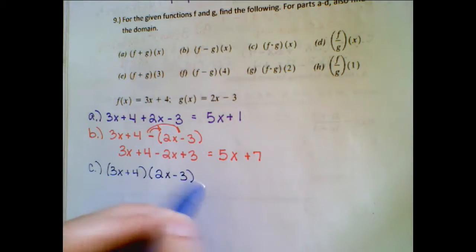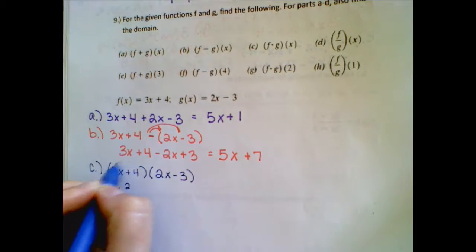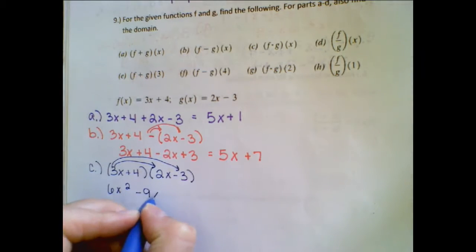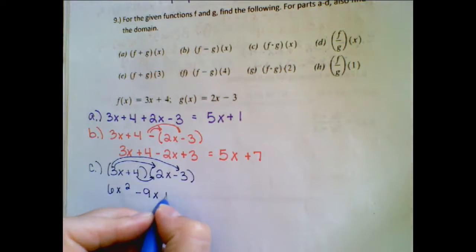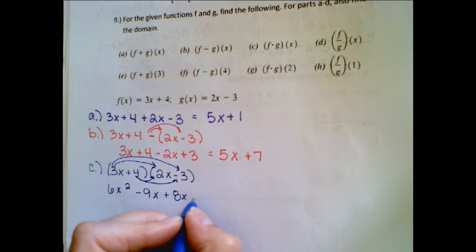I'm going to distribute and multiply, so 6x squared, 2x times 3x, and then 3x times a minus 3, so minus 9x, 4 times 2 plus 8x, 4 times negative 3, negative 12. Continue to combine like terms. I get 6x squared minus 1x, or you could have just written x, minus 12. And again, all real numbers in your domain there.